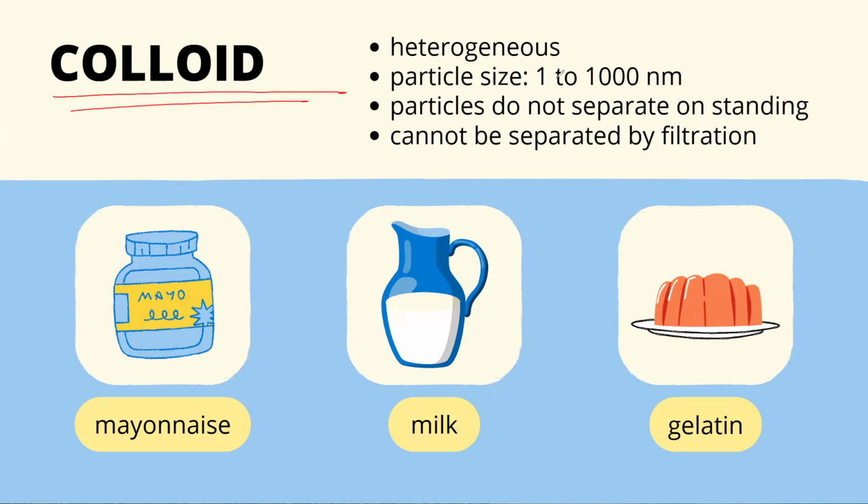A colloid is a heterogeneous mixture. Of course, you know what a heterogeneous mixture is by now, right? Yes, sir. Good. A heterogeneous mixture is one that has a varying composition throughout its structure. So a colloid is a heterogeneous mixture with a particle size ranging between 1 to 1,000 nanometers.